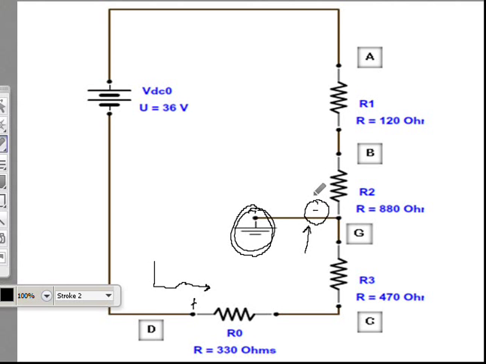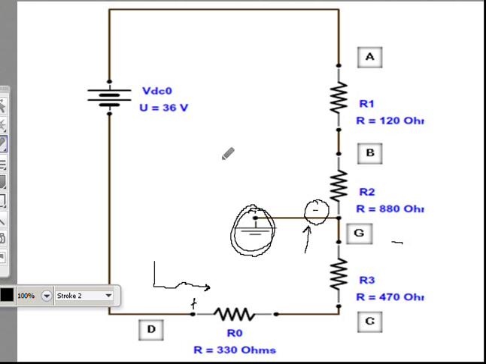That means my reference point is going to be higher than my measurement point. And that is why you end up with a negative reading on your meter. So any reading I do, say D to G or C to G, is going to have a negative reading. The absolute value will not change.